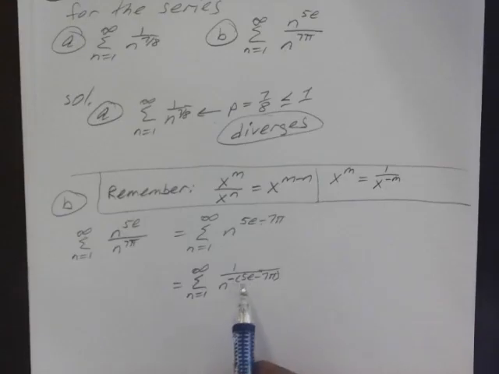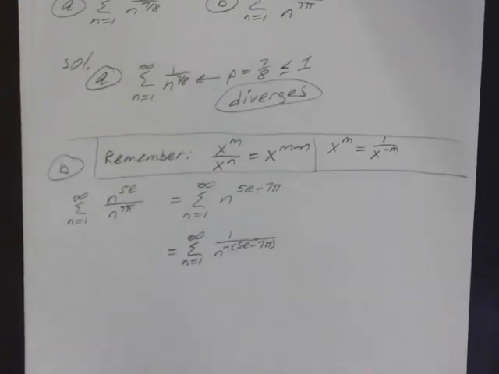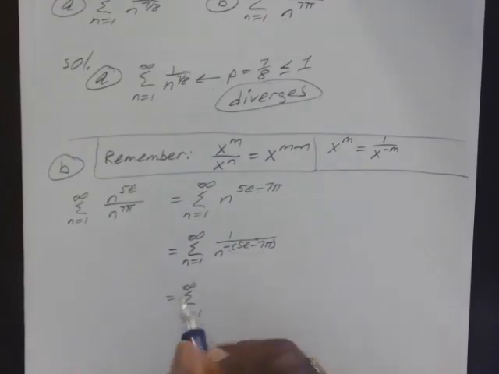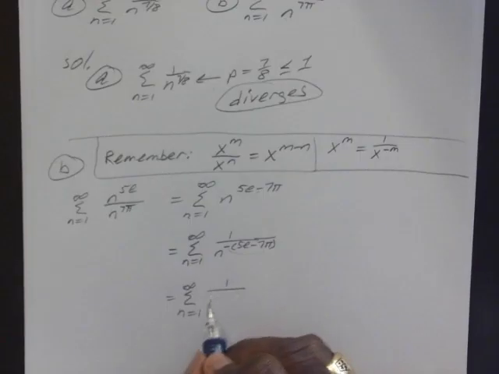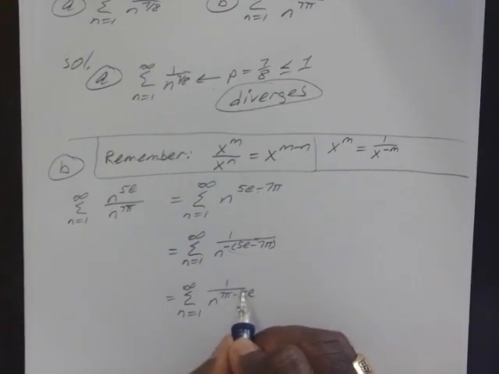Or if we go ahead and distribute that negative 1, that gives us the sum from n equals 1 to infinity of 1 over n to the power of 7 pi minus 5e.